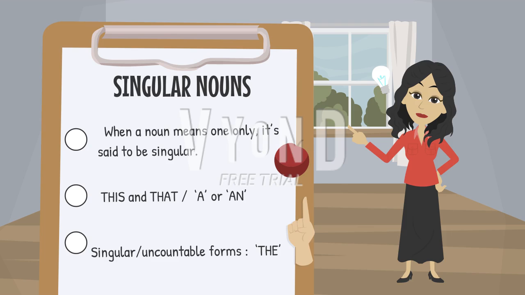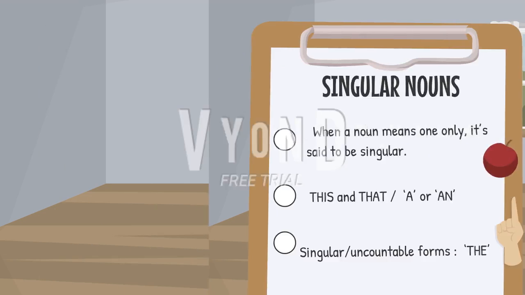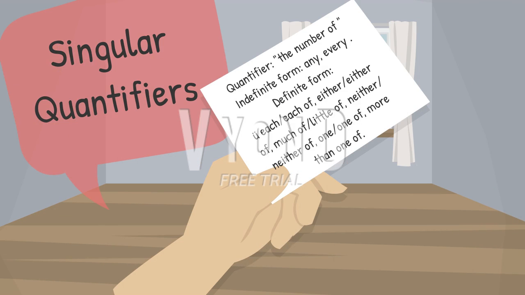Singular or uncountable forms are also obtained with definite articles such as the. Example: the nail body, the free edge, the cuticle. In the case of quantifiers, the number of is used with a singular verb.